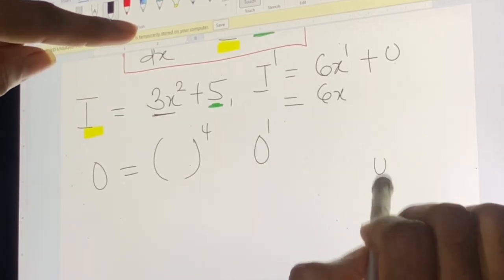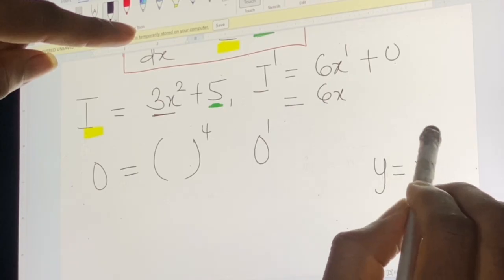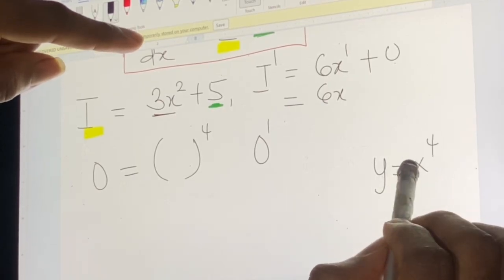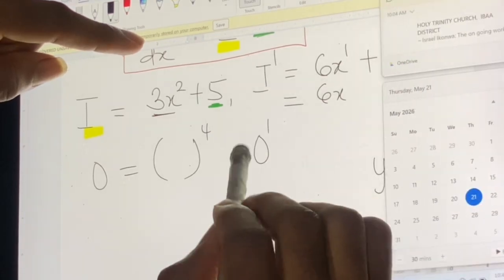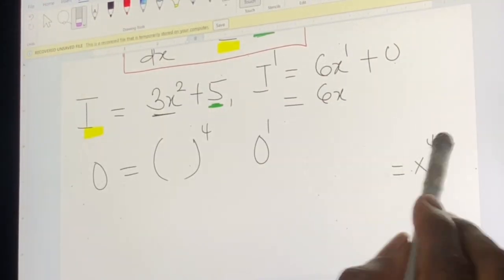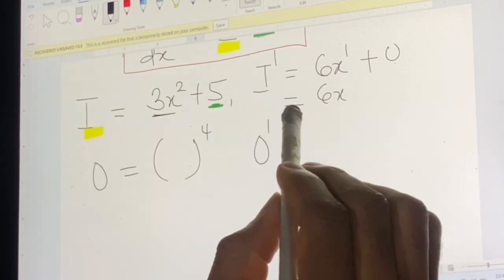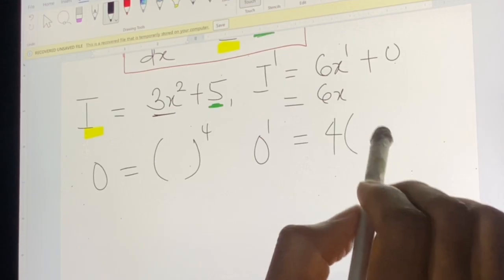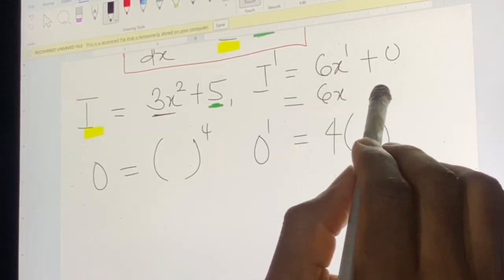Our outer derivative will work the same way. If you have y equals s raised to the power of 4, to differentiate this expression you take the power down to the base and subtract 1 from it. So the outer derivative will be: take the power down to the base, which is 4, open and close bracket, subtract 1 from it, which is 3.